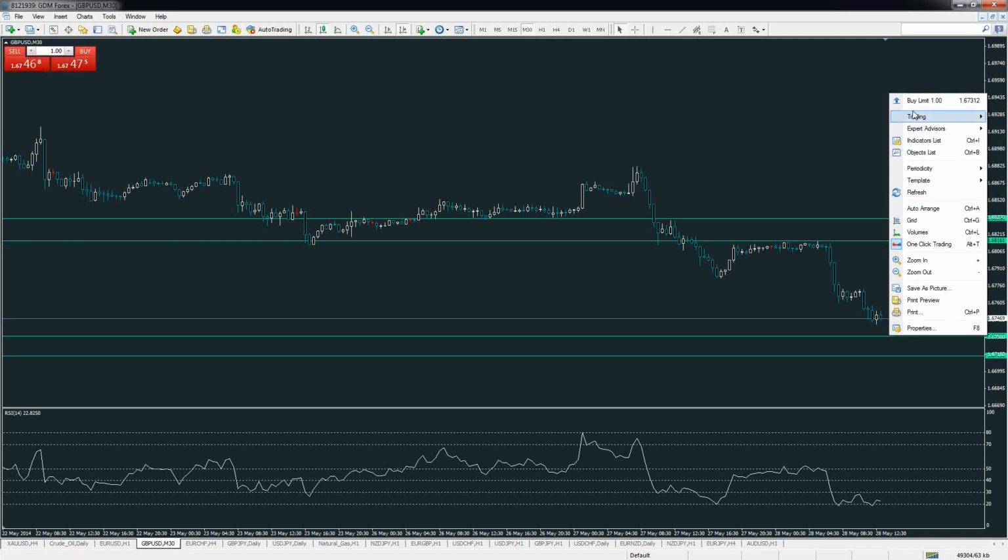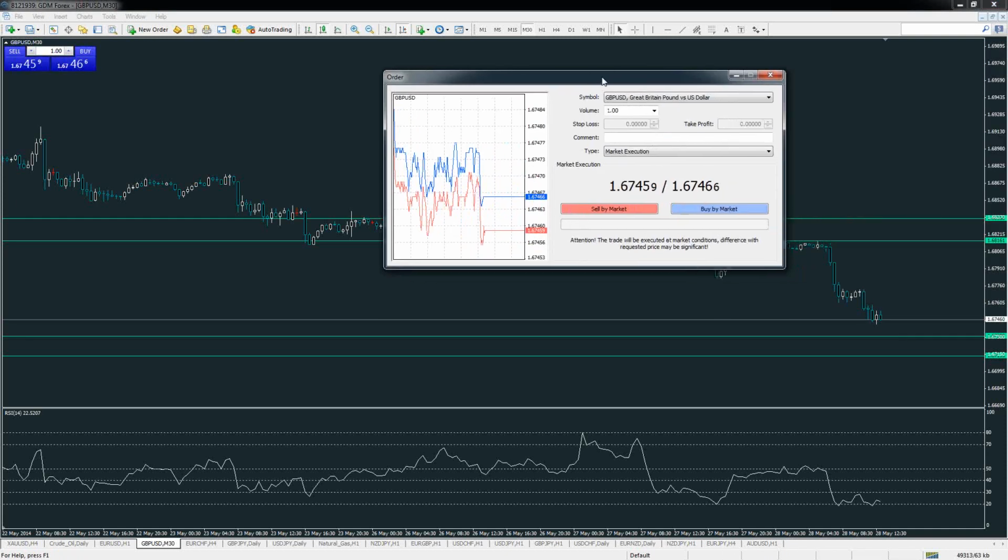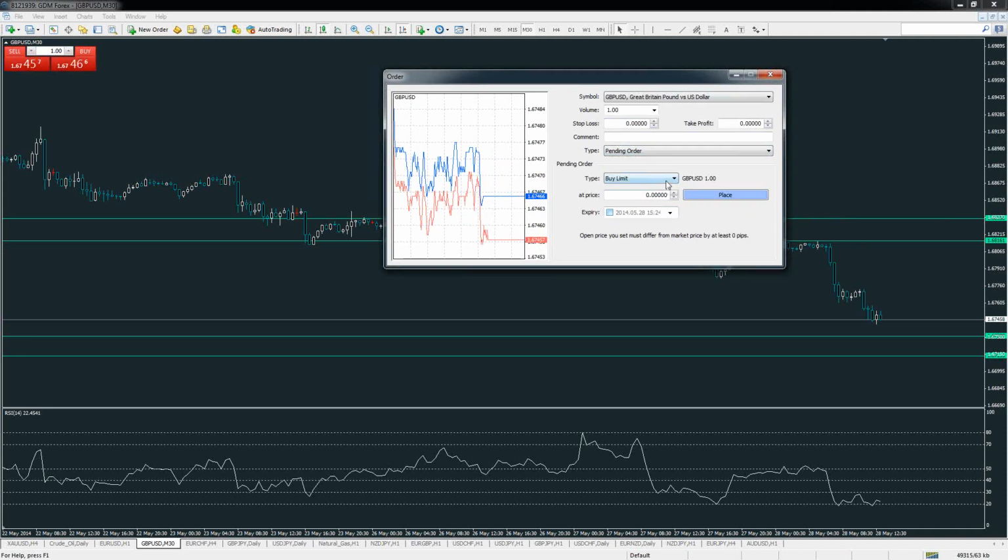Going on trading, you can see buy limit or sell stop, or you can simply go to a new order. Now, going to a new order, you can always choose the market execution, or a pending order, and of course we have the type of it, whether it's a buy limit, sell limit, buy stop, or sell stop.